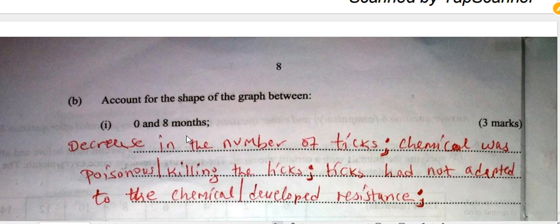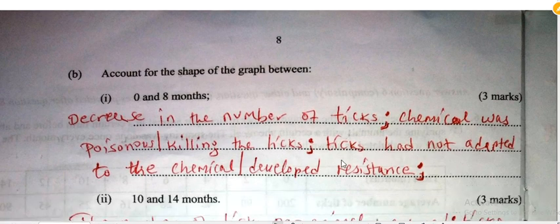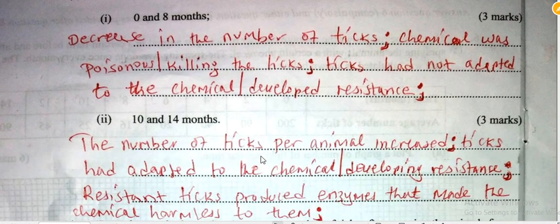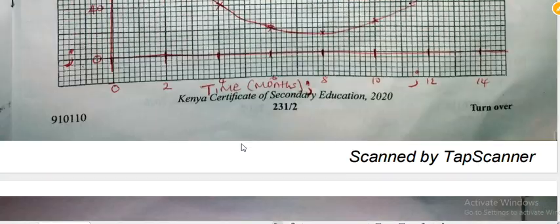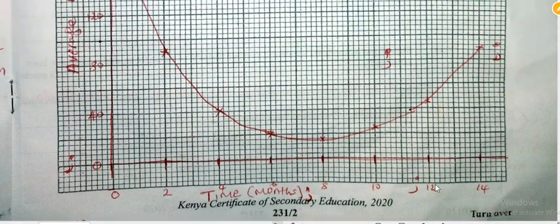In accounting, you state the observation and then you explain why. So you have seen there is a decrease in the number of ticks. The chemical was poisonous, killing the ticks. The ticks had not also adapted to the chemical or developed resistance. Then Roman 2, 10th to 14th month.